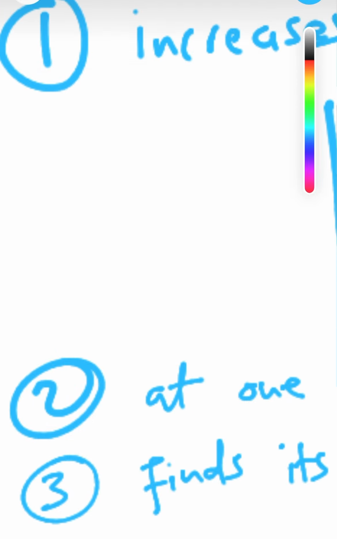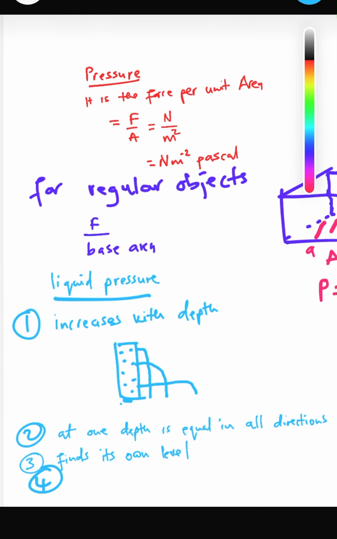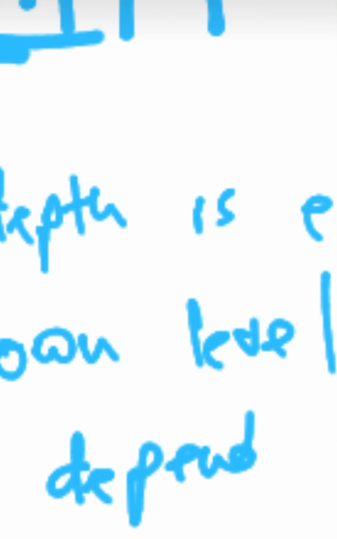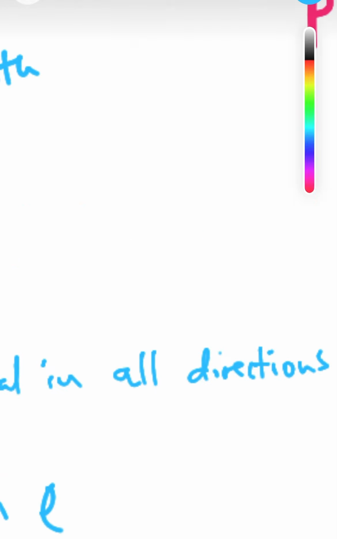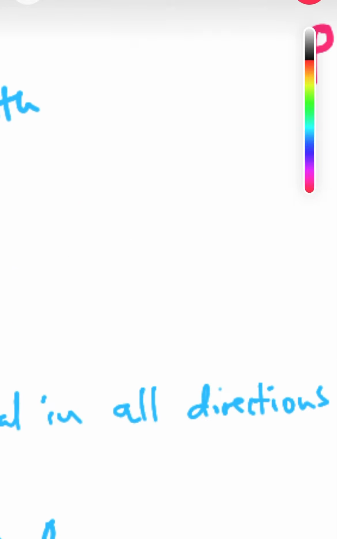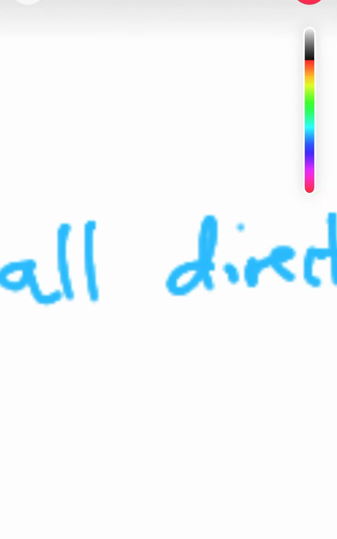Then the fourth and the last aspect is that pressure depends on the density of the liquid, which I may call rho. So maybe at this juncture I can introduce to you the formula for liquid pressure.